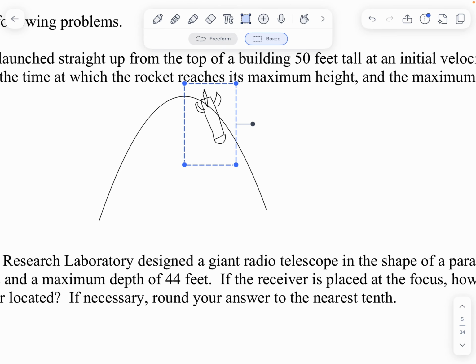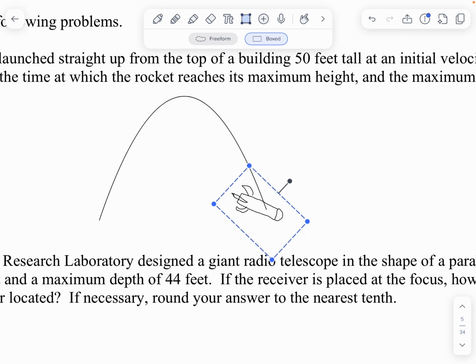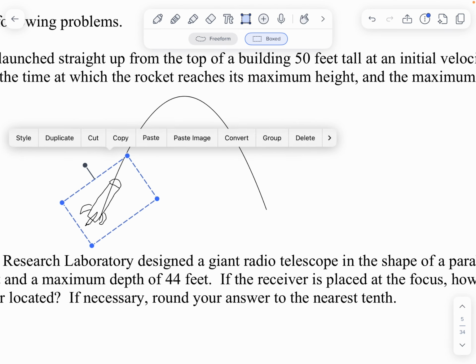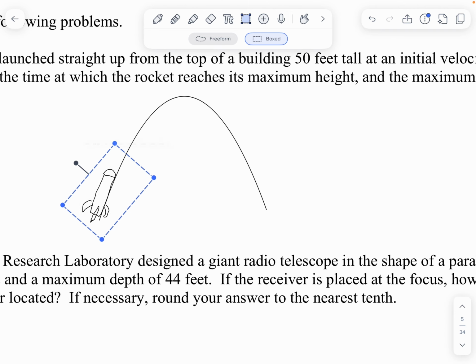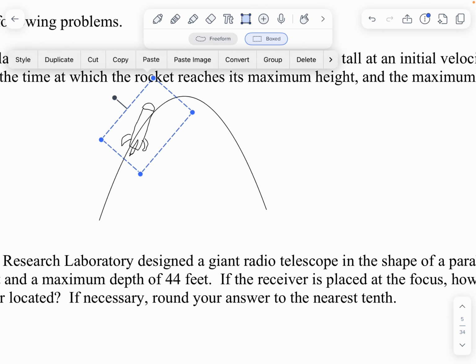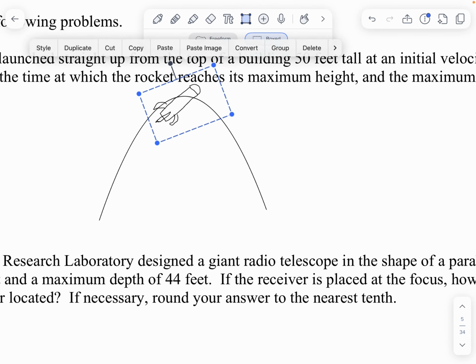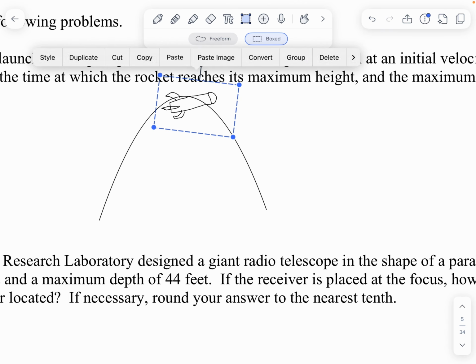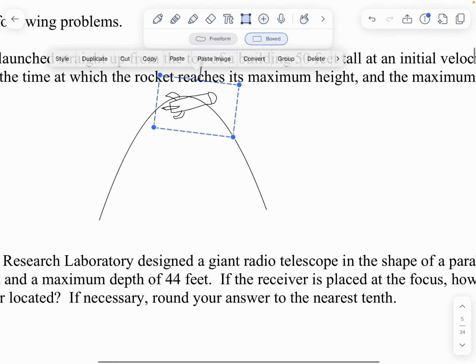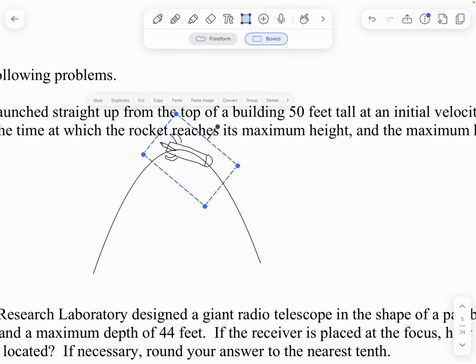So the rocket ship would move down like this. It's kind of hard to animate at the same time. But it'd go up like this. Yeah, like that, and then it'd fall down.